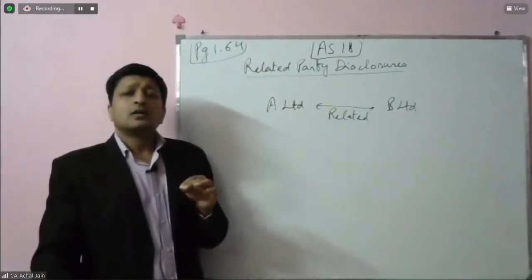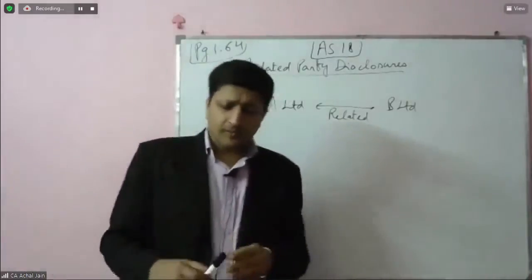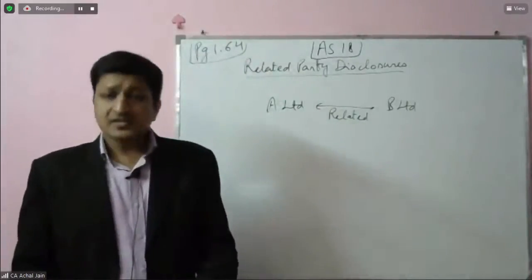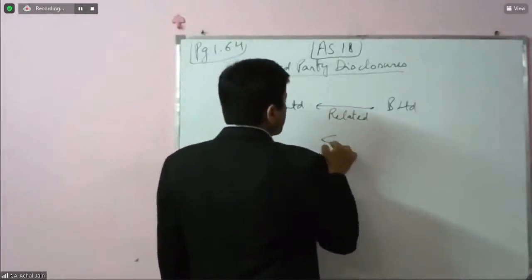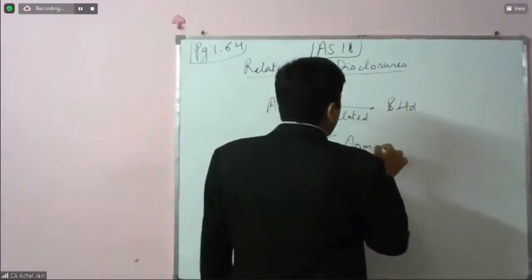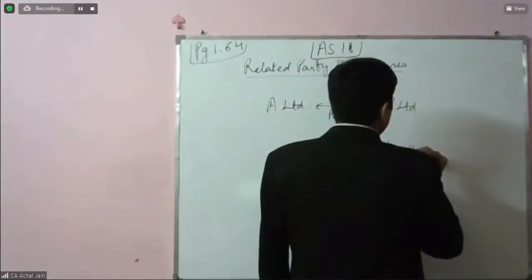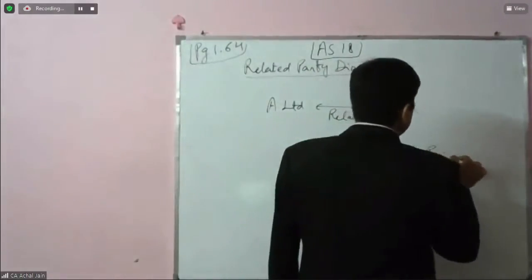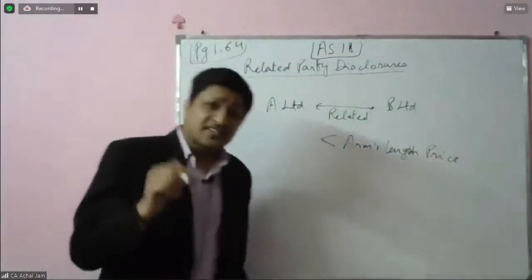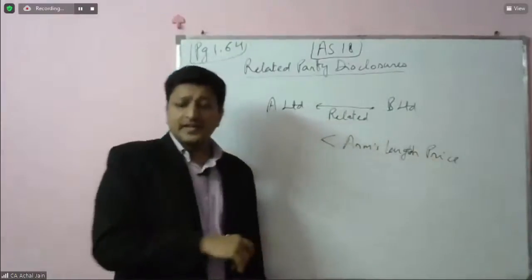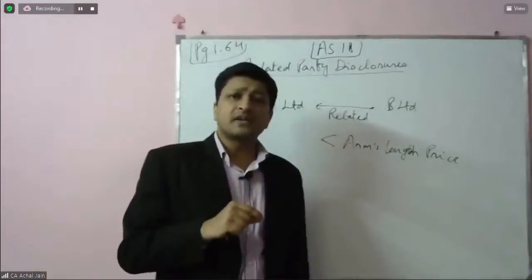Now, let's try to understand whether this standard deals with this problem. Every time we are saying that there's a possibility that the transaction is taking place below arm's length price. Now, does it mean that the standard AS 18 prescribes the rate at which the transaction will take place with the related parties?